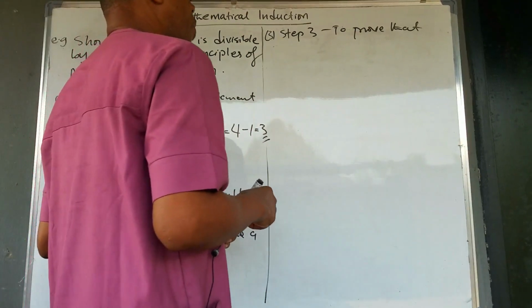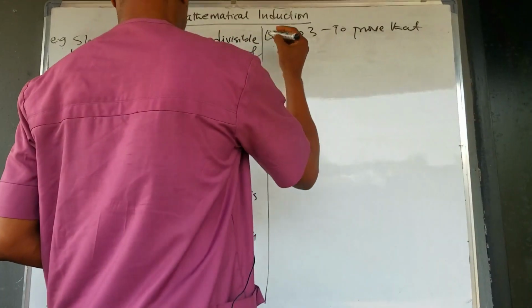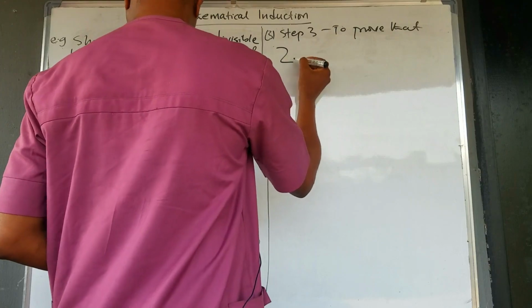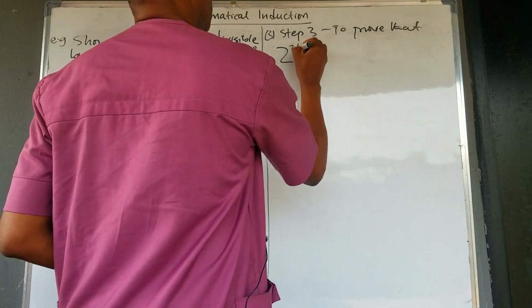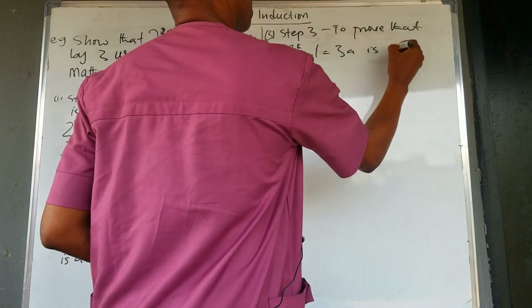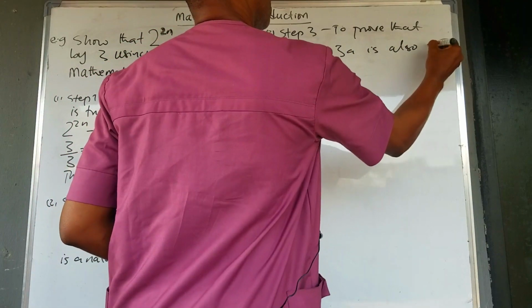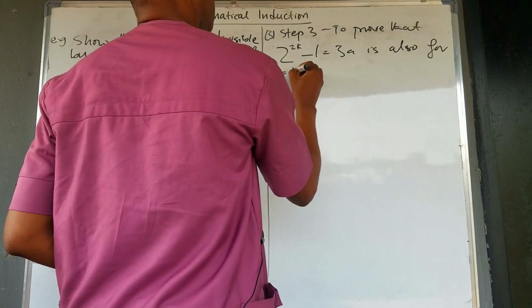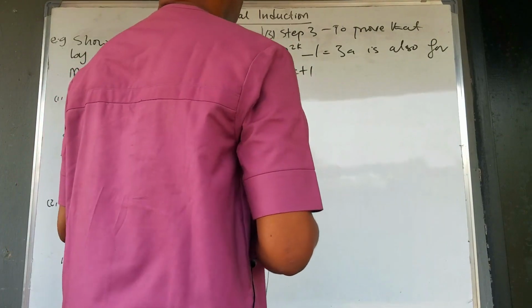Step 3, we need to prove that the step 2 statement, which is 2 raised to the power 2k minus 1 equal to 3a, is also true for n equal to k plus 1.